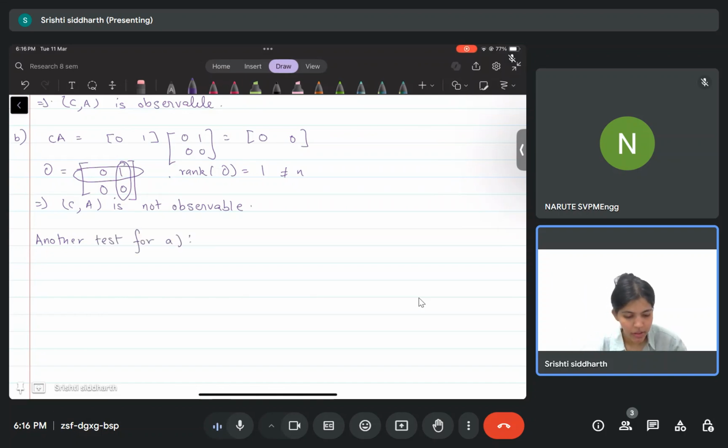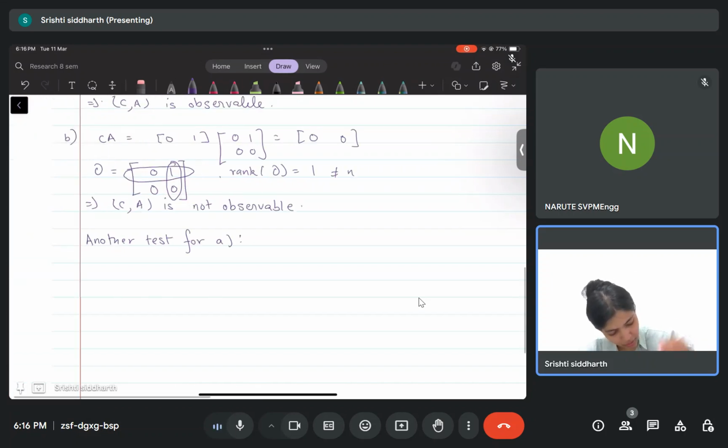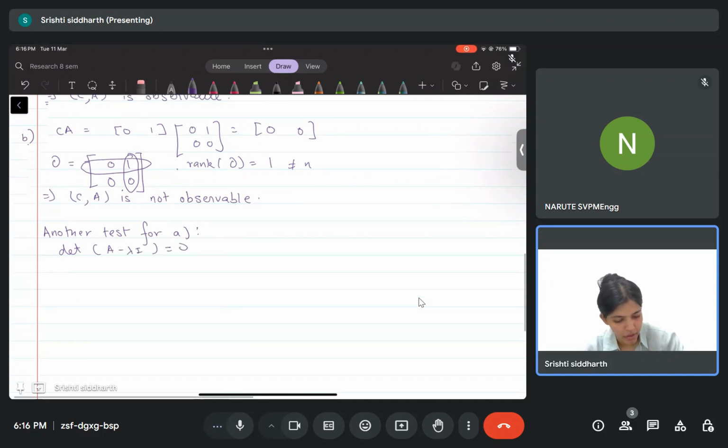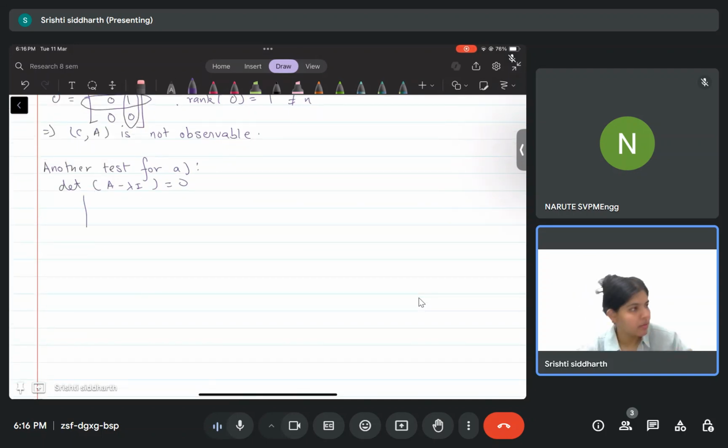For that we first need the eigenvalues of A, and so we have to determine the characteristic equation. That is, determinant of A minus lambda I equals 0. Now we have the A matrix, so minus lambda, 1, 0, minus lambda, determinant equal to 0, which implies that lambda squared equals 0. We have repeated eigenvalues at 0. Okay.